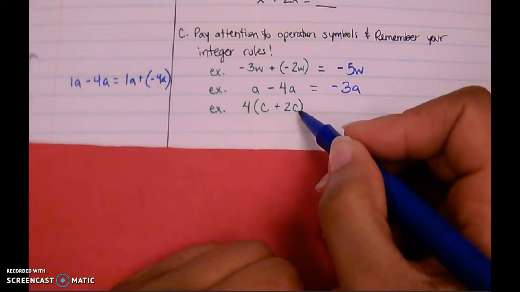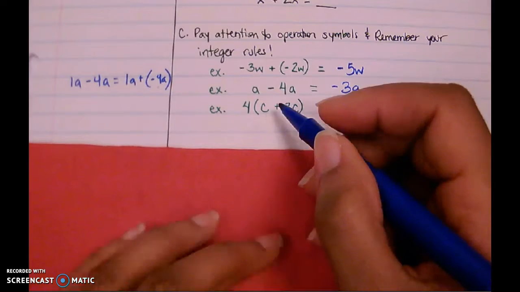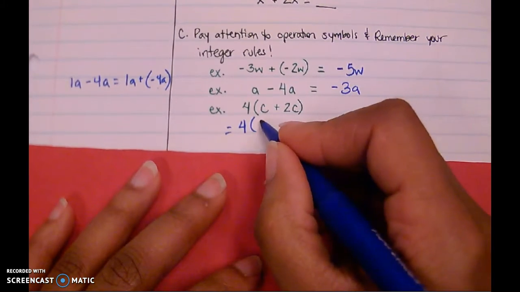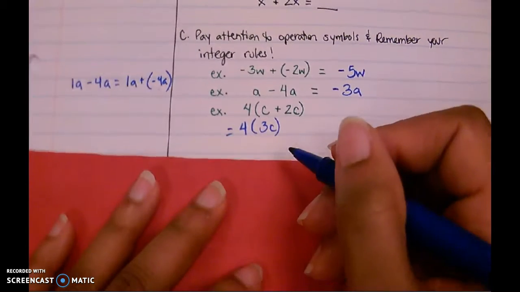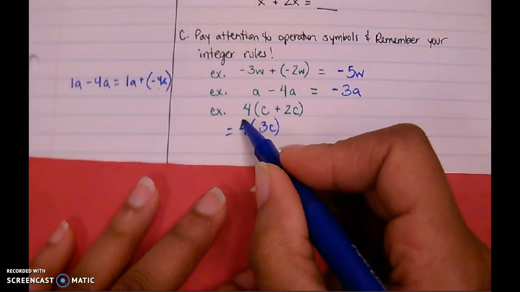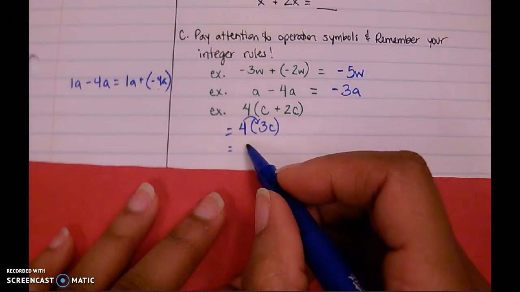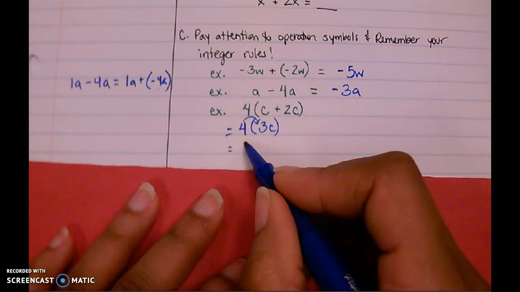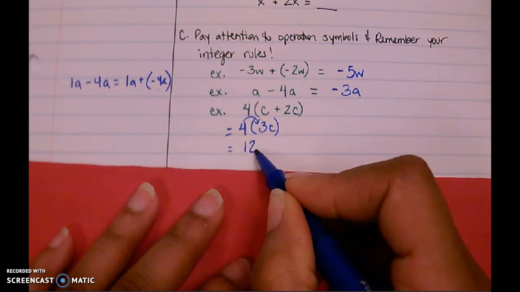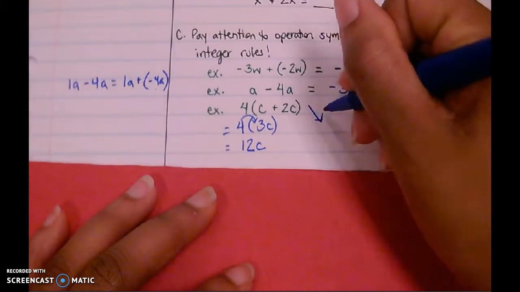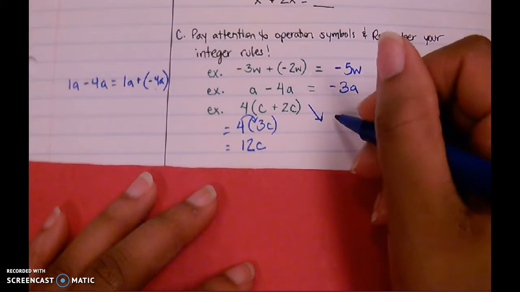We could either go ahead and add these two together and end up with 4 parentheses 3c, and then multiply this 4 into the 3 and actually end up with 12c.